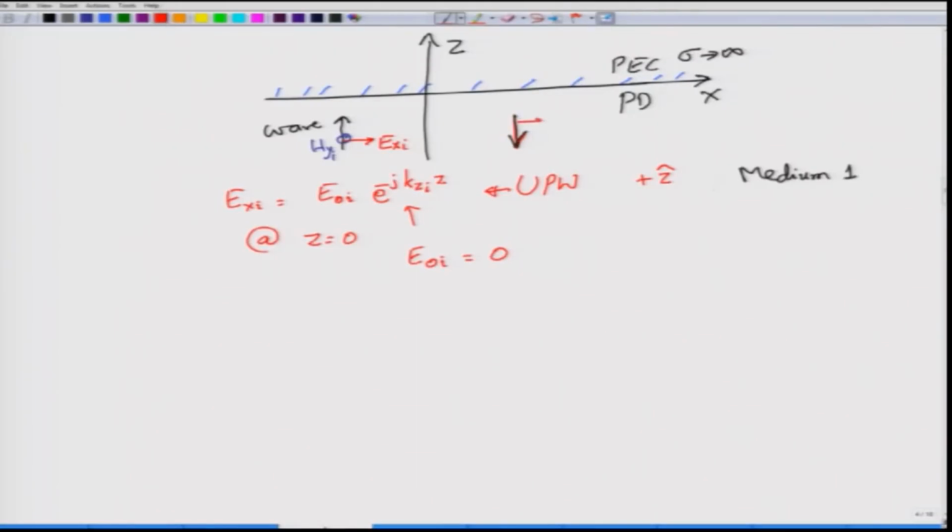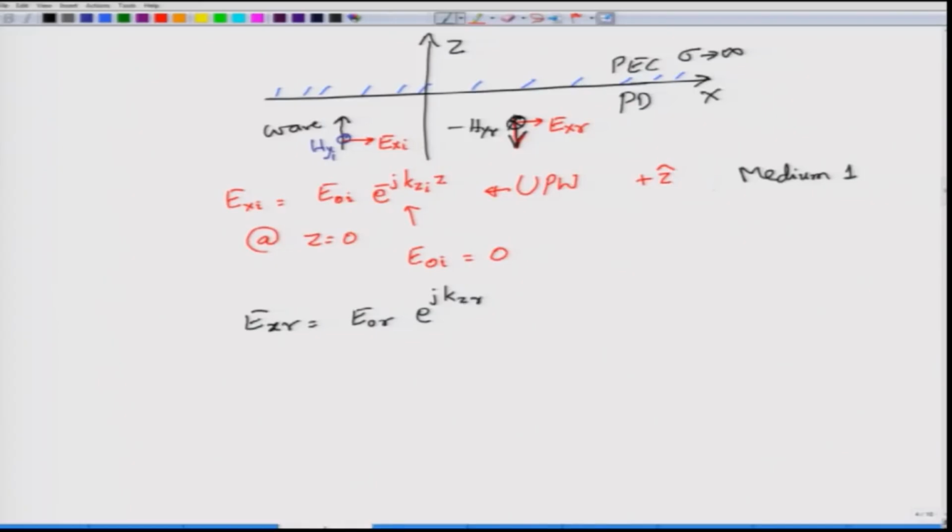I am going to assume that the reflected electric field will be in the same direction, whereas the magnetic field will be in the opposite direction. So, I will have minus H_yr, okay. Because E_xr is given by E_0r, which is the amplitude of the reflected field, but this is propagating in the other direction, right. So, it is propagating in the minus z direction.